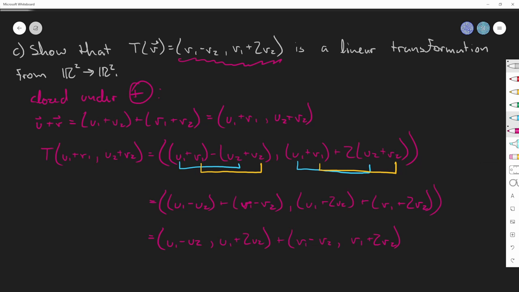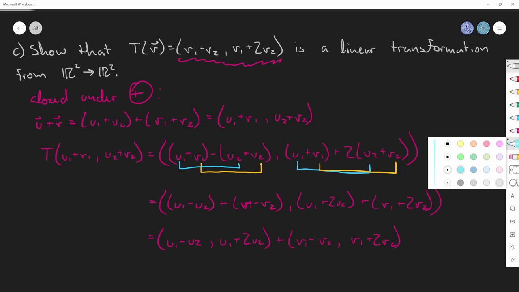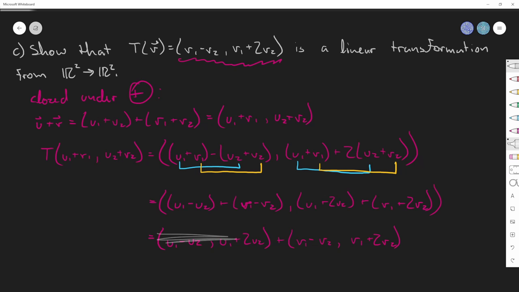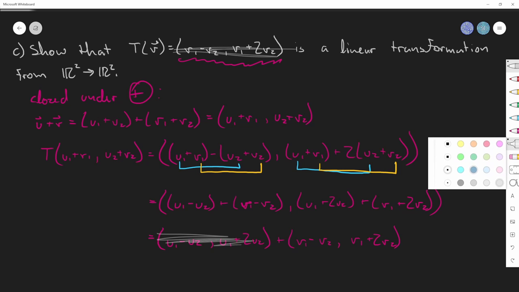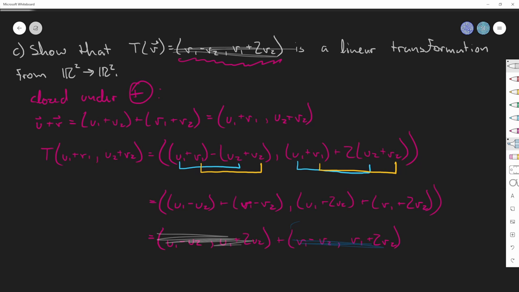Hey, what do we got here? This part looks very similar to what we have as our function. Same thing goes with the other one. This looks like this.